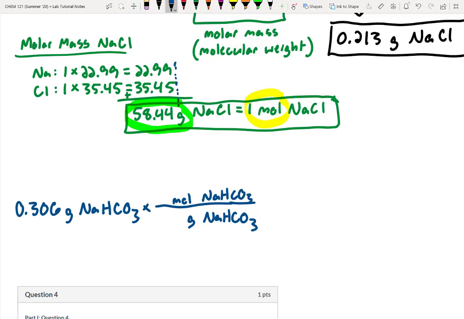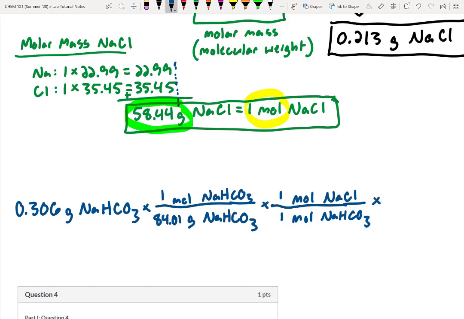And when we did this, we had 1 mole on top, and we had 84.01 on the bottom. Okay? And then in the next step, we canceled out moles of NaHCO3, so we put that on bottom, and we wanted to get to moles of NaCl. And that's when we said that it was a 1-to-1 ratio.